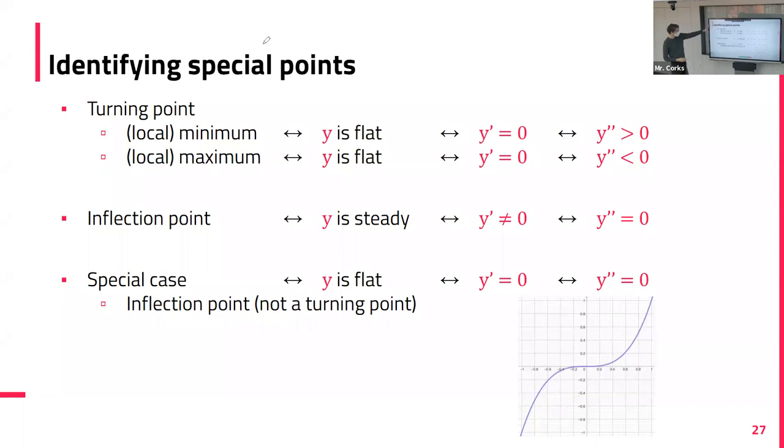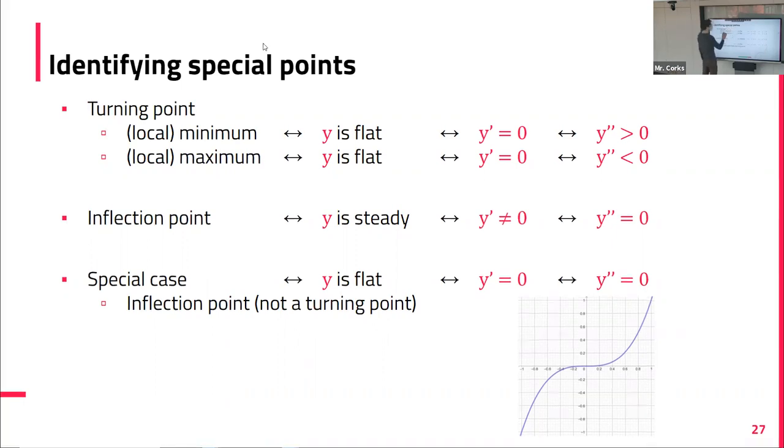So this is just a summary of all the derivative stuff we've been talking about with these special points. If we have a minimum point, then original function is flat, first derivative is 0, second derivative is positive. Maximum: flat, first derivative is 0, second derivative negative. Inflection points: our original function is still increasing or still decreasing at that point.